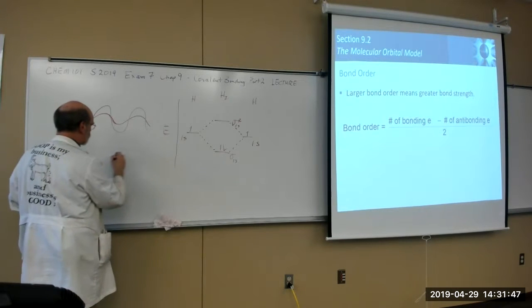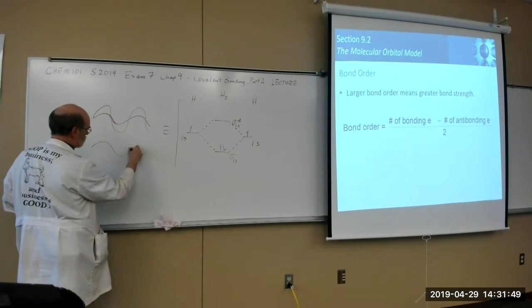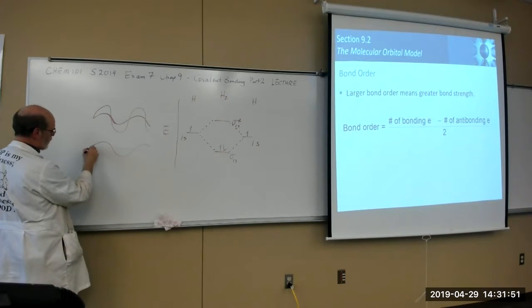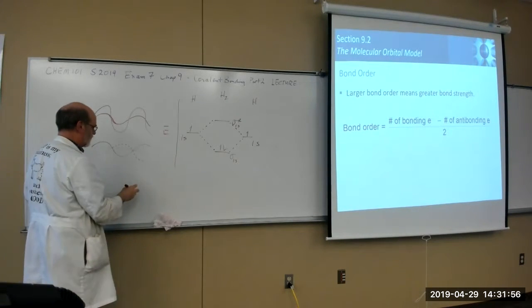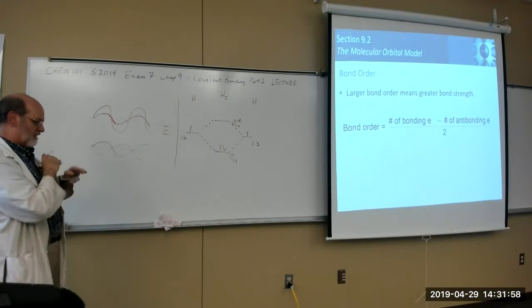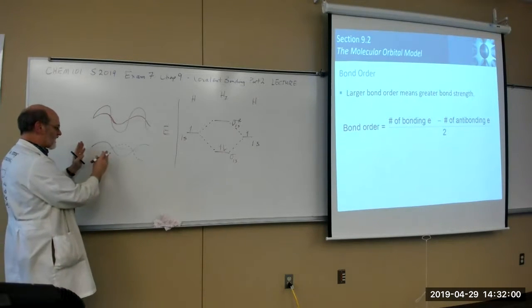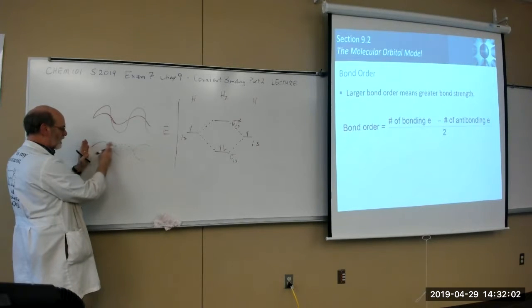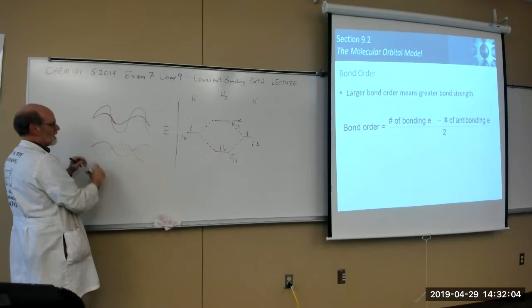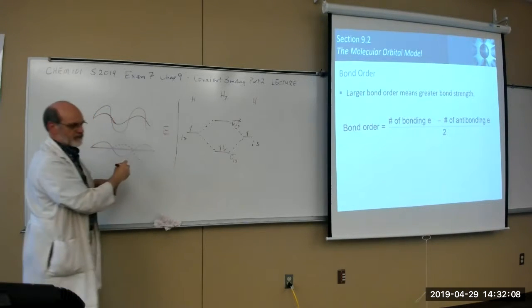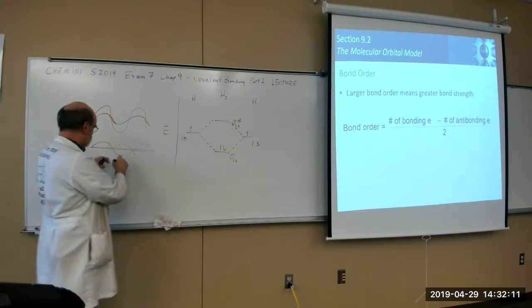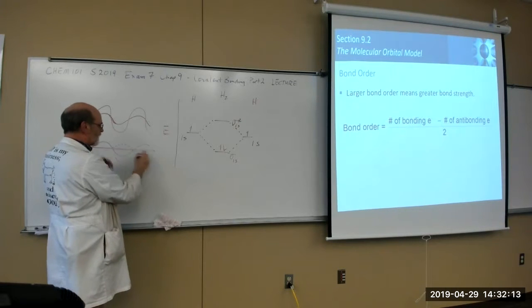But if they're out of phase, so the other one comes in like this, it has the same wavelength, the same frequency, but it's out of phase by half a wavelength, then the result is destructive interference. And they cancel one another out.